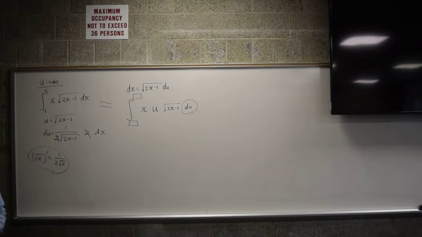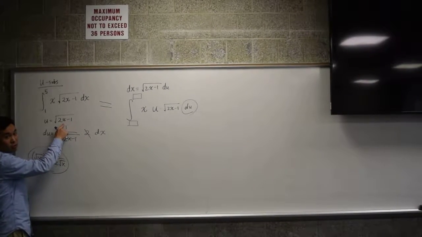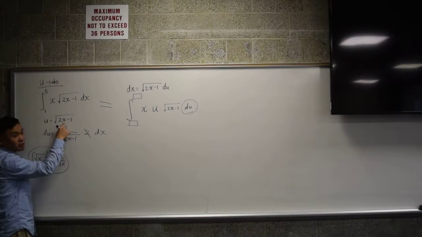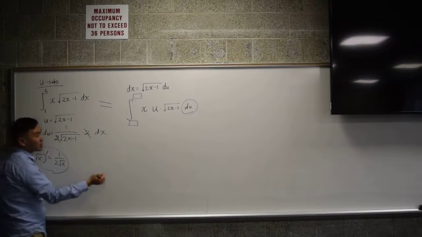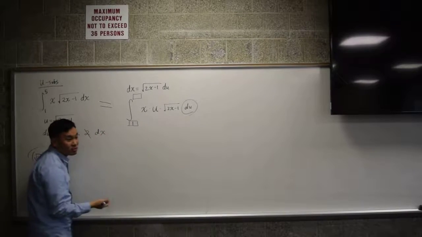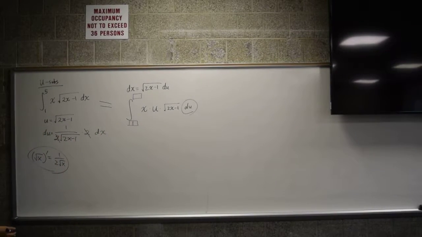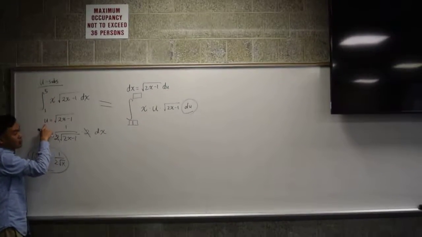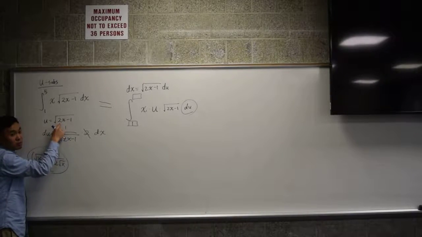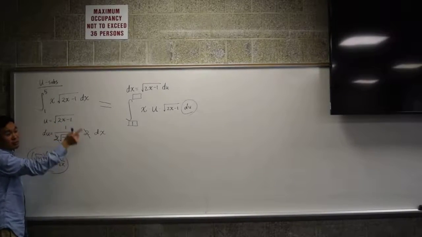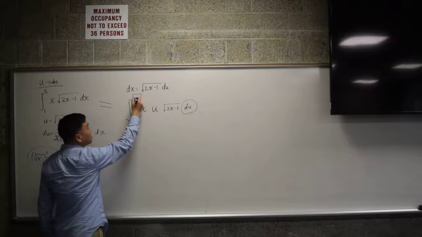So if x is 1, what's the value of u? If you plug in 1, 2 times 1 minus 1 is 1, the square root of 1 is 1. So that didn't change, by coincidence. Usually it changes. Now, if x is 5, what's the value of u? 5 times 2 is 10, 10 minus 1 is 9, and the square root of 9 is 3. So 3 goes here.